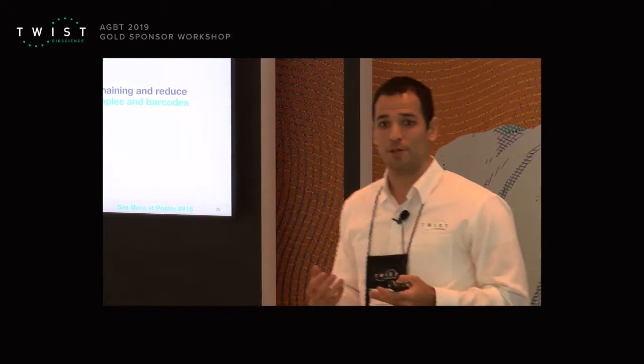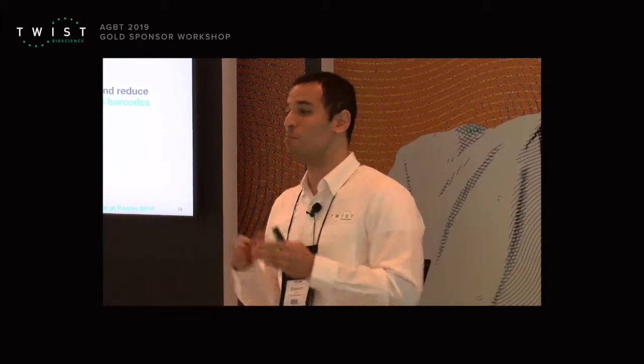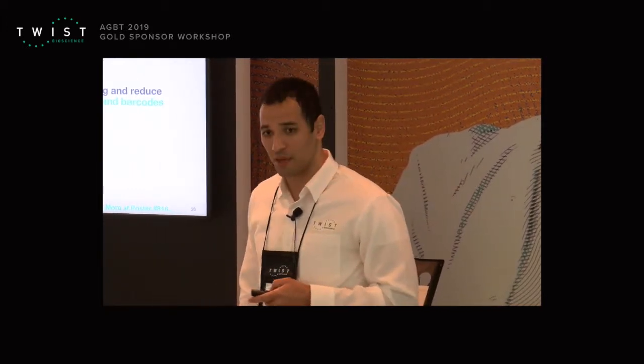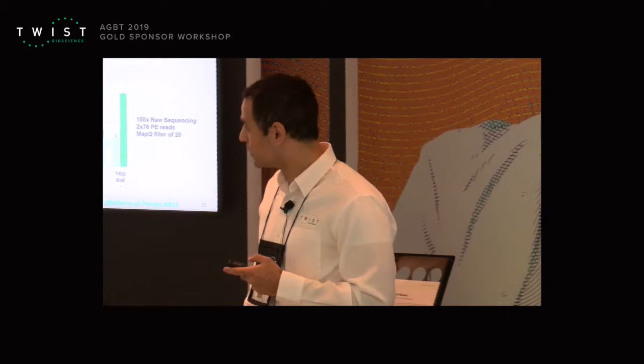To utilize sequencer capacity, you need to put as many samples on as possible. So we're going to get to a point where people want longer barcodes to get more samples onto a sequencing lane. You may want to go beyond 8, 10 base pair barcodes. You may want 12, 14 base pair barcodes, to really utilize the sequencing capacity, and potentially do 10,000 samples on a NovaSeq lane, if you're feeling bold.